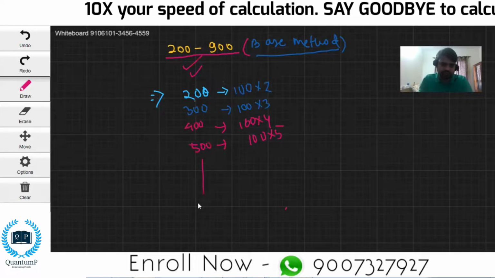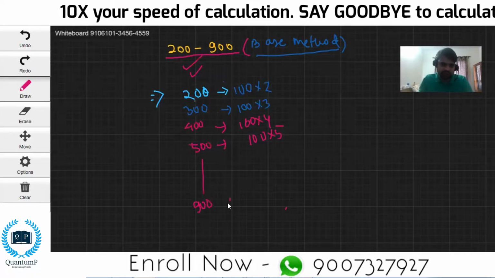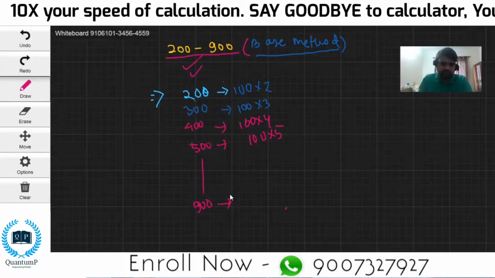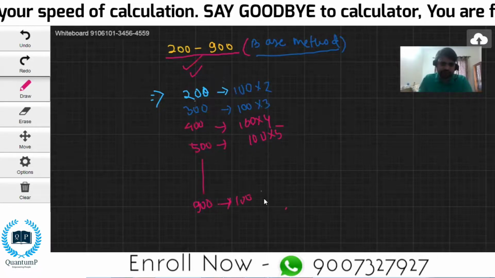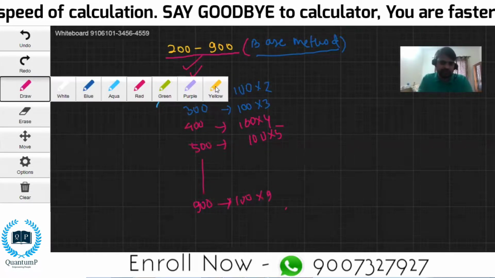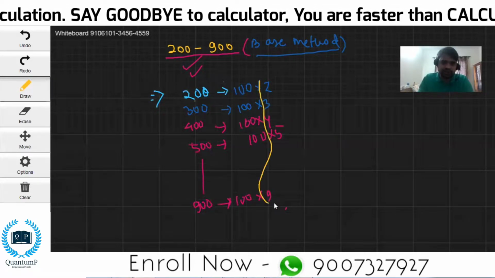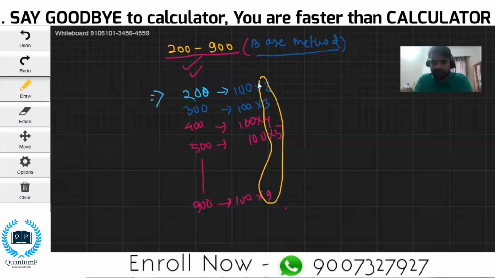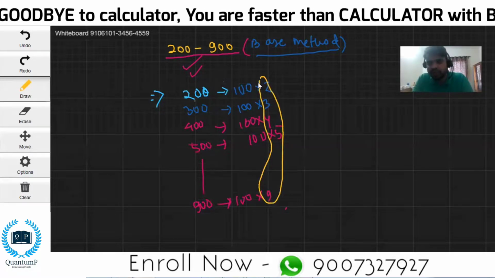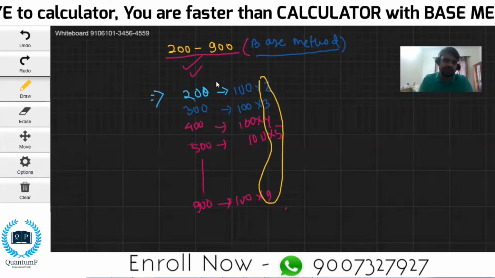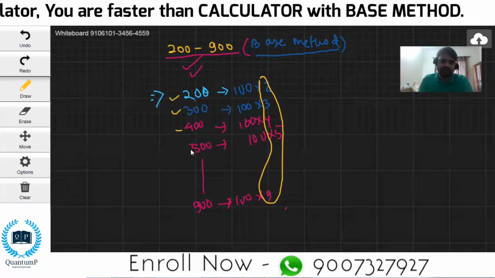If you do 900, it is going to become 100 into 9. So basically we are using the 100 base, but in the last we are going to multiply by 2, 3, 4 and 5, once we do 200, 300, 400, 500, and so on.